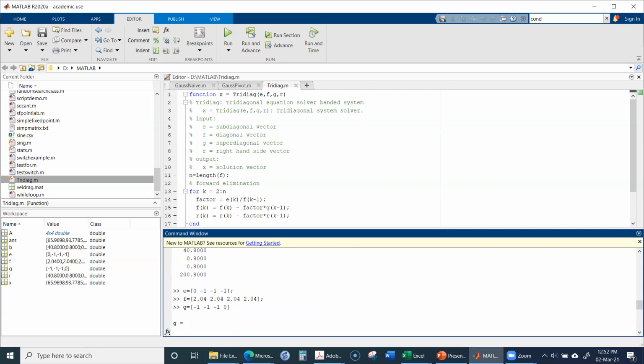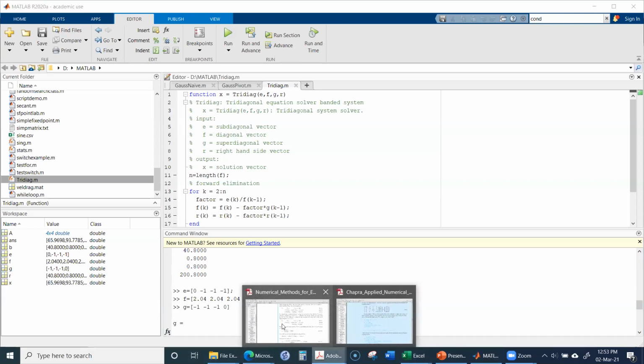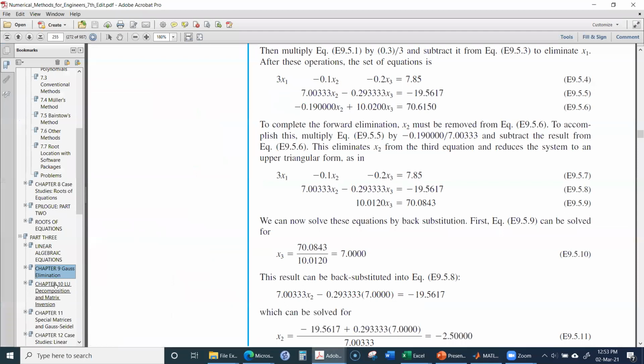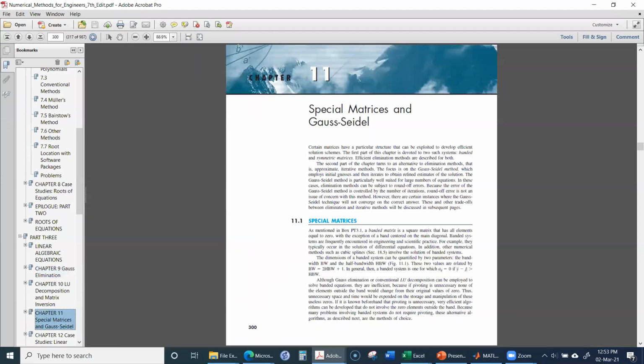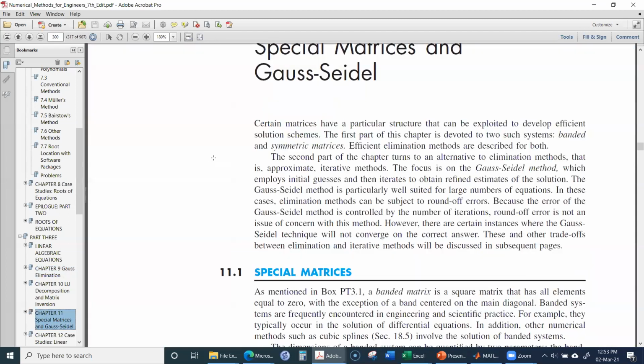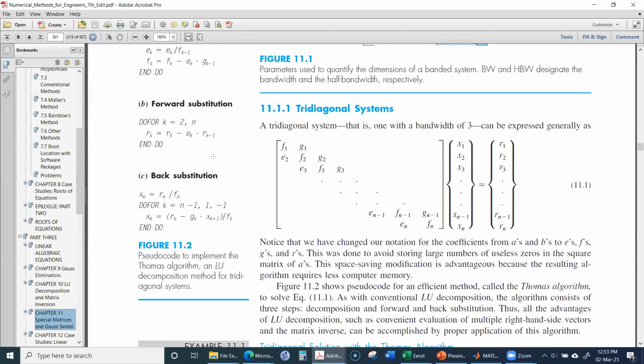If you remember, we found these E, F, and G coefficients using the Thomas method, in the special matrices section for tridiagonal systems.